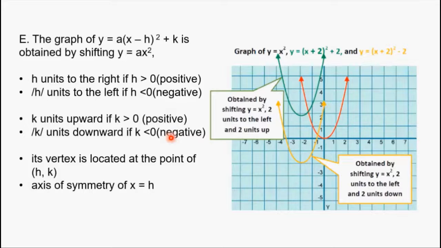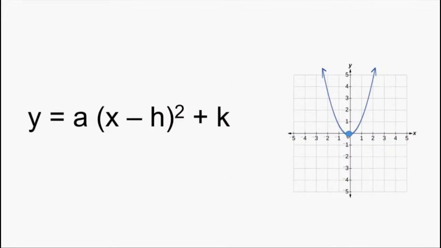Take note that in the graph of y is equal to a times the square of x minus h plus k, the vertex is located at point h, k, and its axis of symmetry naman is at x is equal to h.